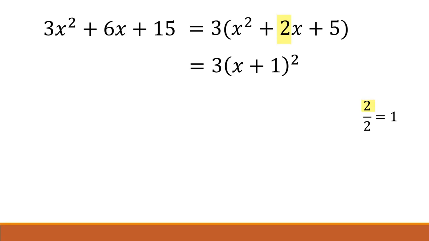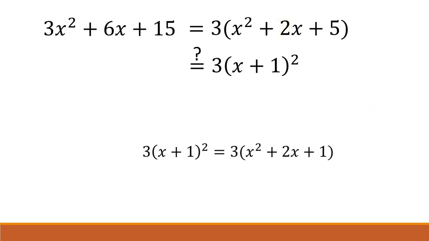Now the only question that remains is, is the expression we've written with the perfect square in it equivalent to the one we started with? So let's think about that expression, 3 times the quantity x plus 1 squared. X plus 1 squared is x squared plus 2x plus 1. If we compare that expression to the expression we had when we factored the 3 out, we can see that the only difference is in the constant terms.